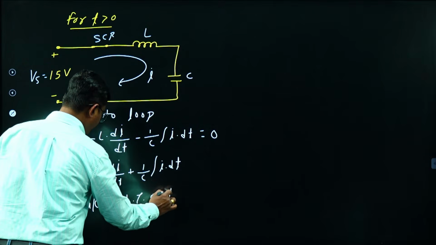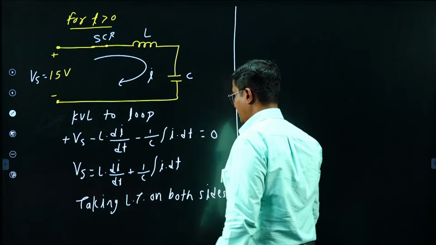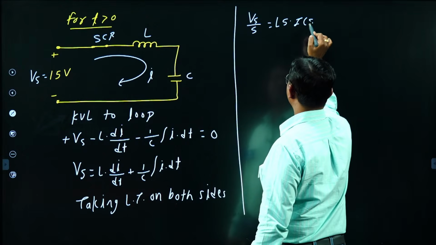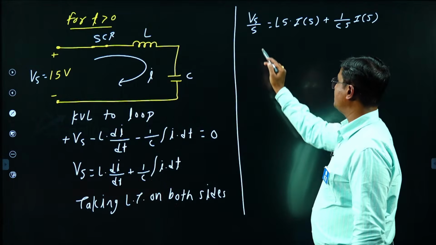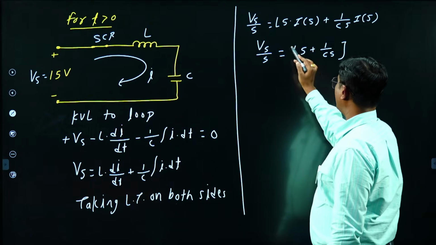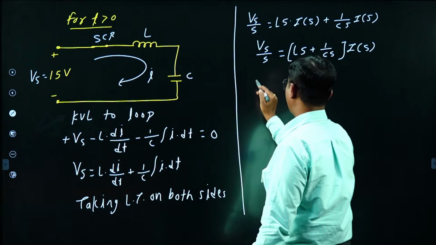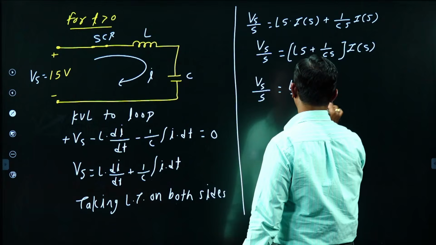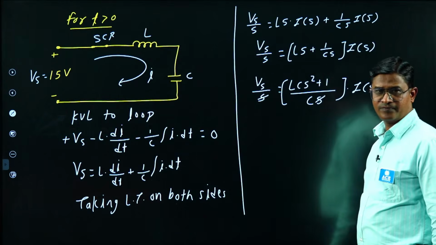So I'll be getting Vs by S equal to Ls into I of S plus 1 by Cs into I of S. From this, Vs by S is equal to Ls plus 1 by Cs into I of S. Taking this multiplication, I can write it as Vs by S equal to LCS square plus 1 upon Cs into I of S. S will get cancelled out.